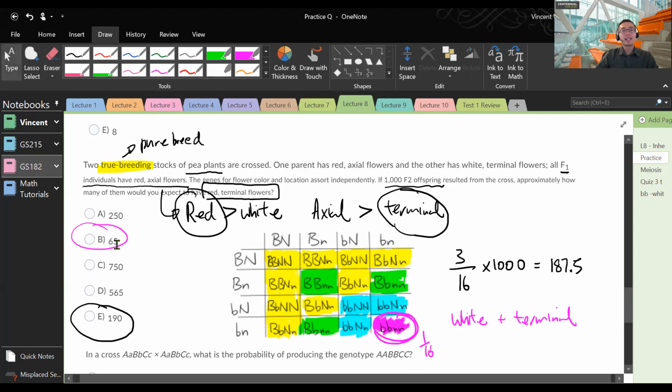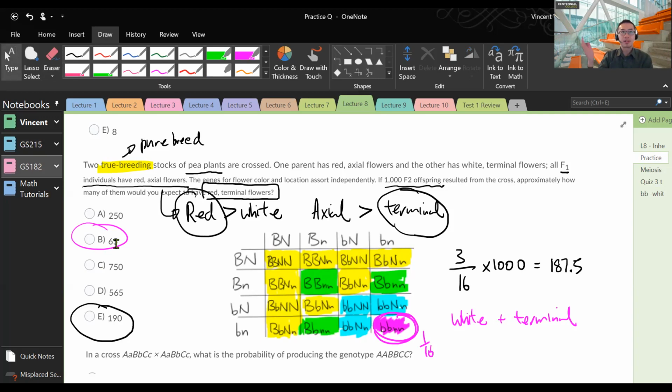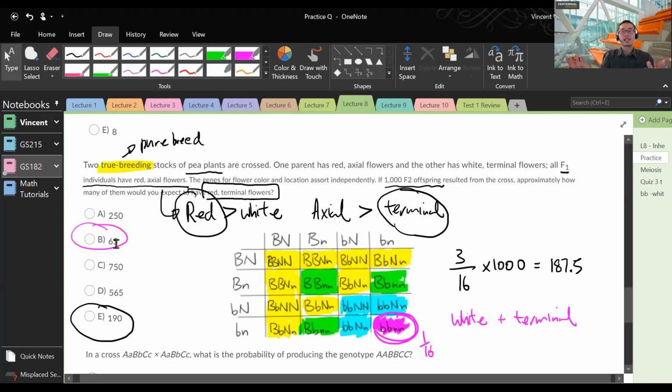It's not going to be exact, just like statistics. If you flip a coin 10 times, statistically you're supposed to get 5 heads and 5 tails, but we're not necessarily going to get 5 and 5. Same thing here. Statistically, you're supposed to get 187 and a half being red and terminal, but 190 would be the closest one.